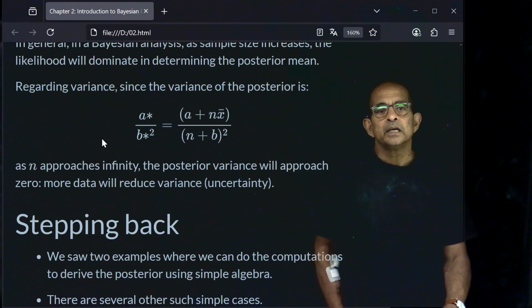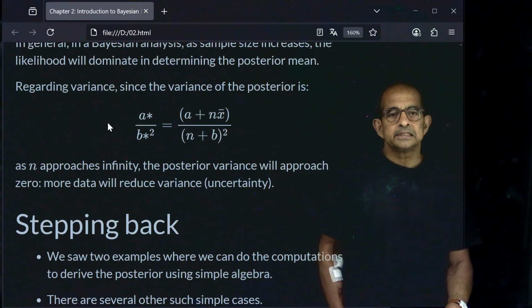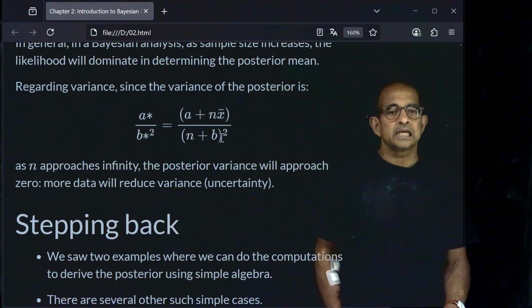Another interesting thing to notice is that the variance of the posterior is a star over b star squared. If I rewrite the a star and b star in terms of their expansions, that means a star is a plus n x bar and b star is n plus b.